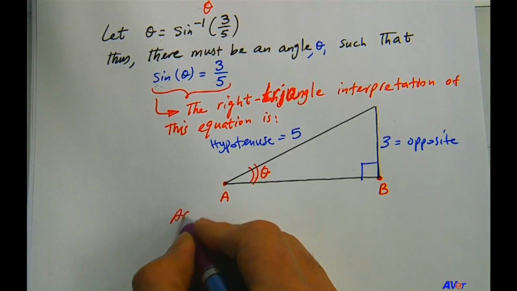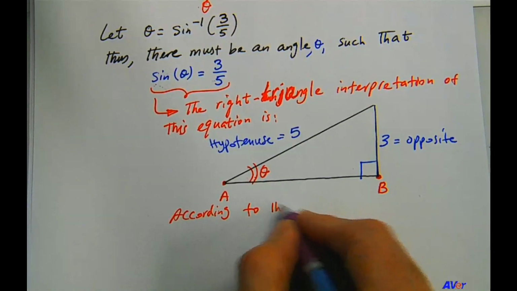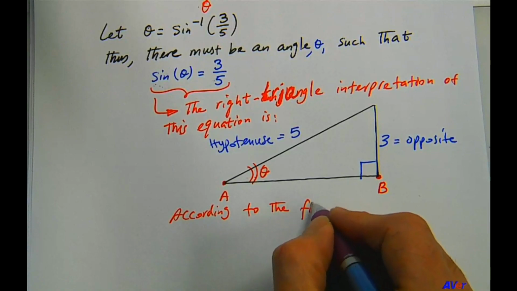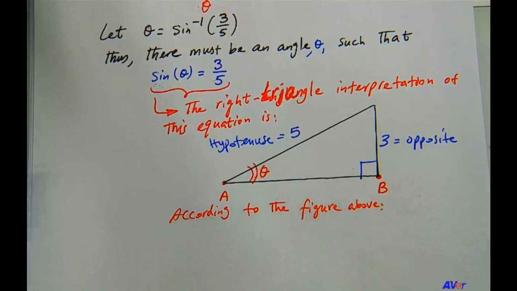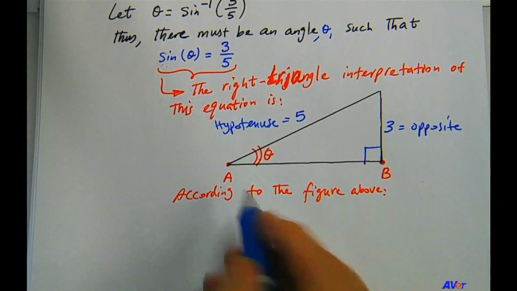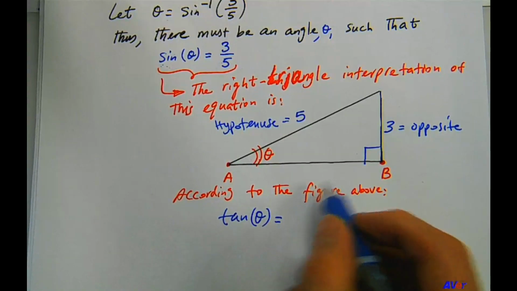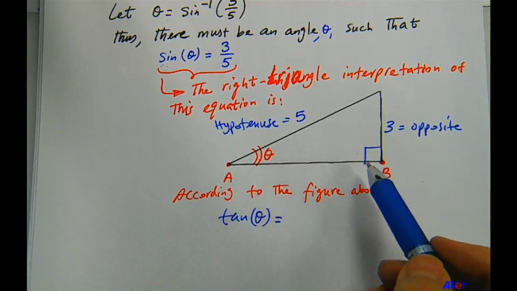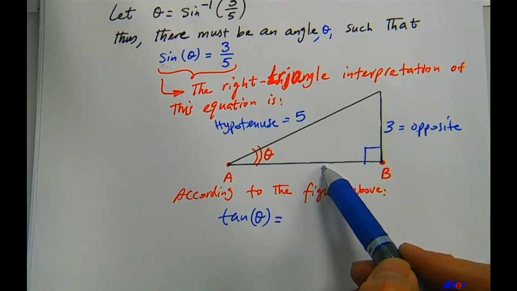According to the figure above, we can write tangent of theta is equal to the opposite divided by the adjacent, right?